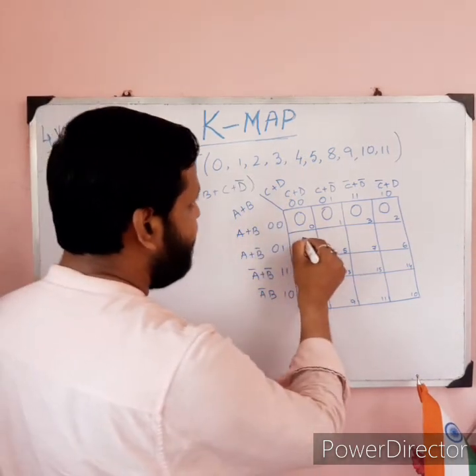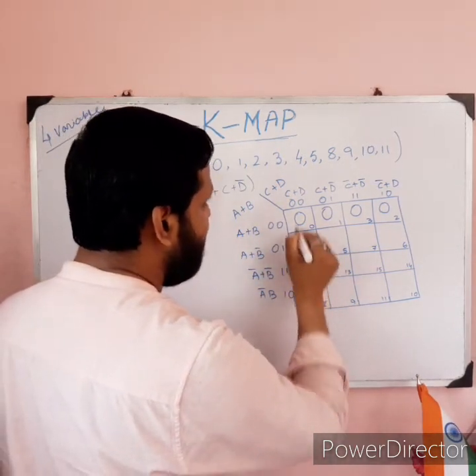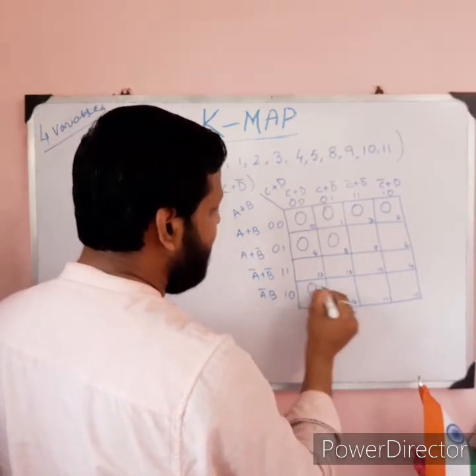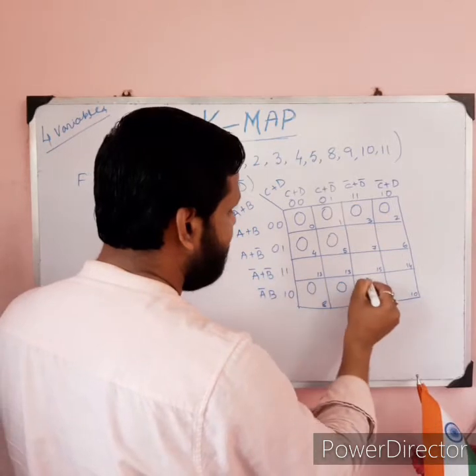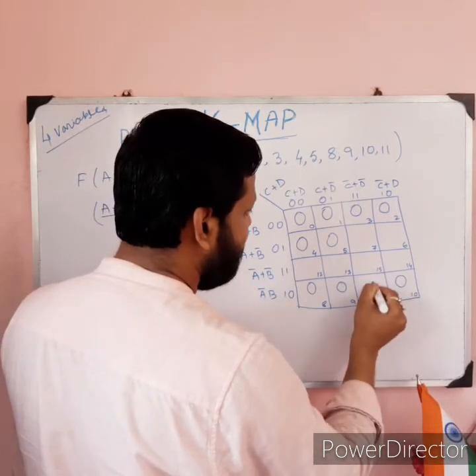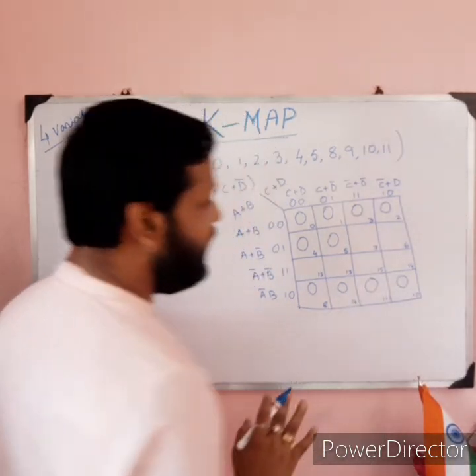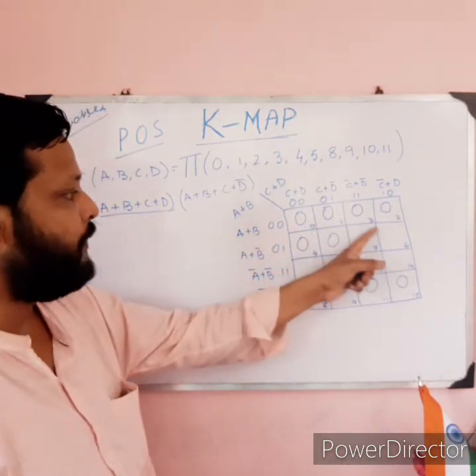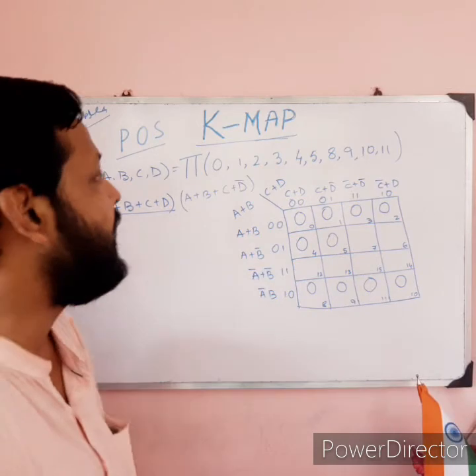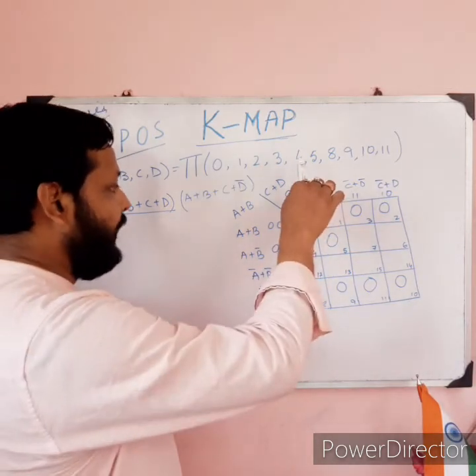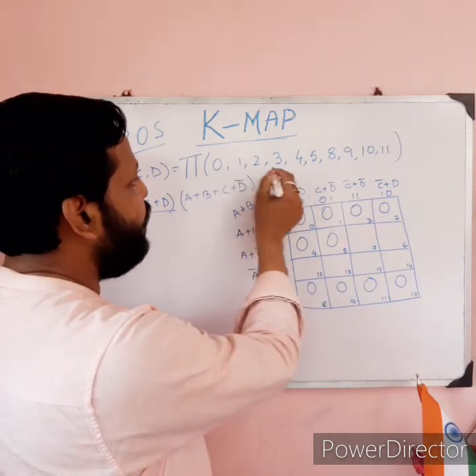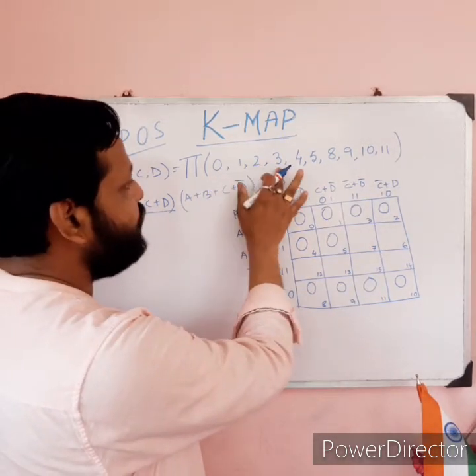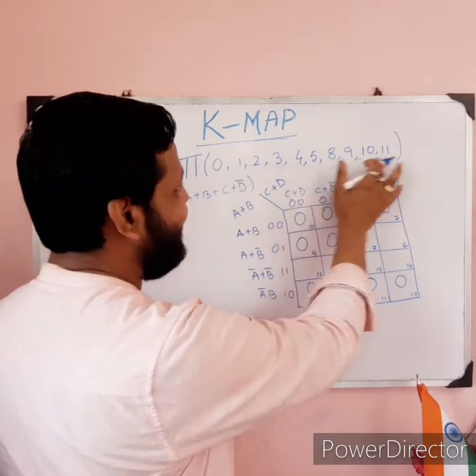Next we have terms 4, 5, 8, 9, 10, 11. Out of these 16 boxes, we used only 10 terms: 0, 1, 2, 3, 4, 5, 8, 9, 10, 11.